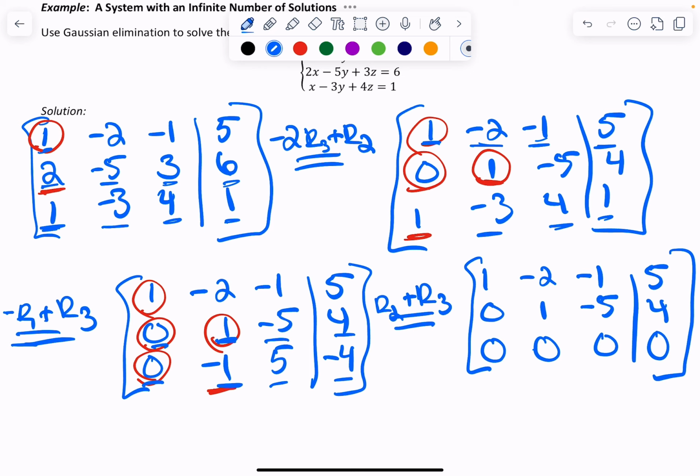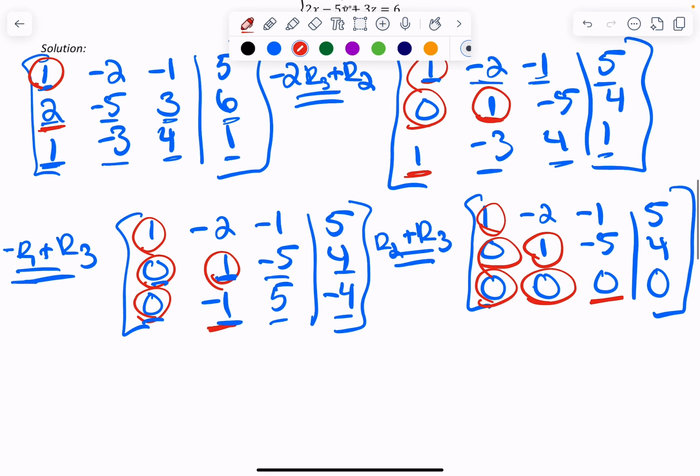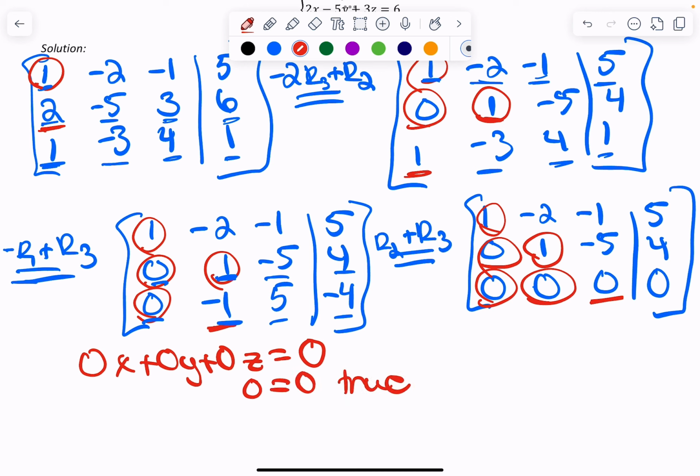Okay. So we have our 1s and we have our 0s below our 1s, but we have a 0 here. Now, if we do 0x plus 0y plus 0z equals 0, we get 0 equals 0. So we know that this is true.